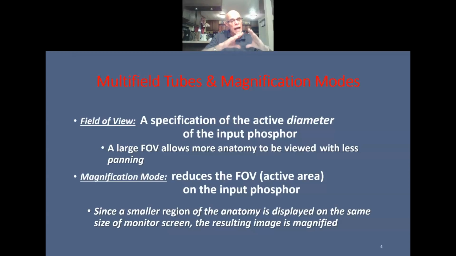Smaller area of anatomy, same number of pixels. So yes, you're going to have better spatial resolution, but because it produces a dimmer image, the machine boosts the exposure of the actual X-ray tube, so patient exposure is going to go up.